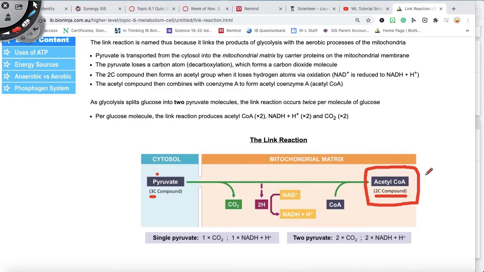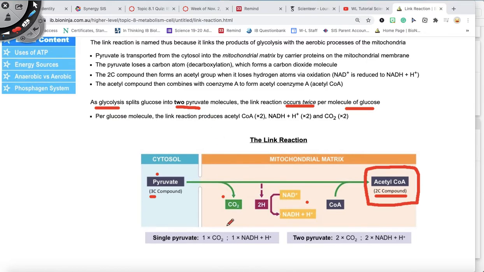Okay? Now in this link reaction process, notice that you release carbon dioxide and you release electron carriers as well. So after all it's done, considering that glycolysis in the cytosol has made 2 pyruvate molecules, that means that the link reaction also occurs twice per glucose molecule.